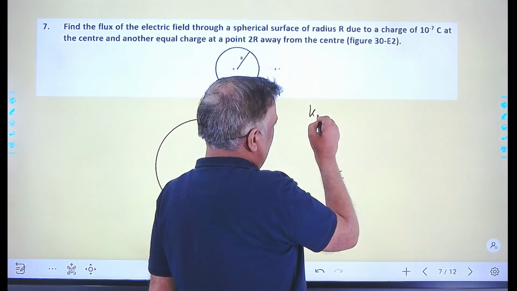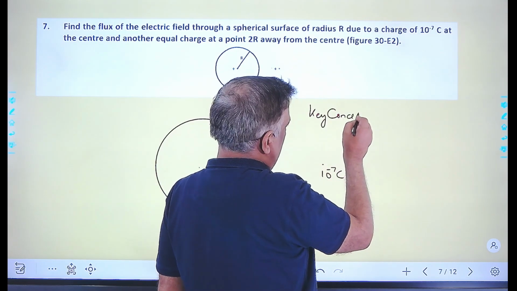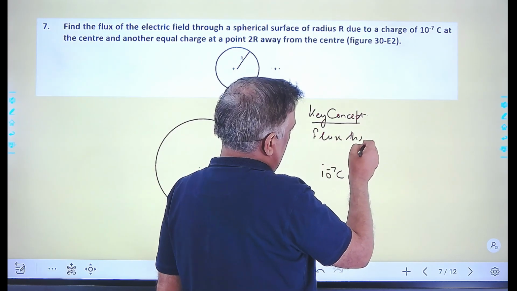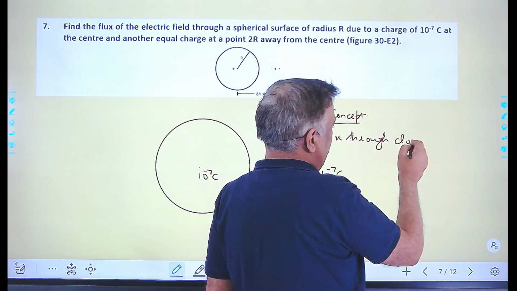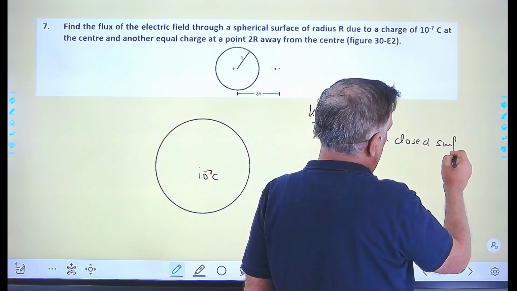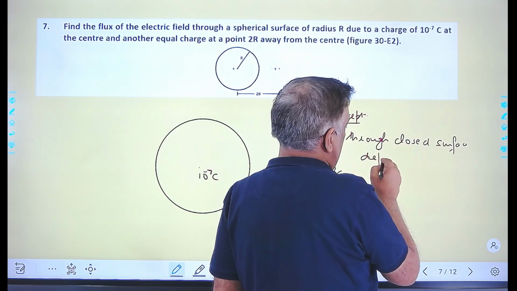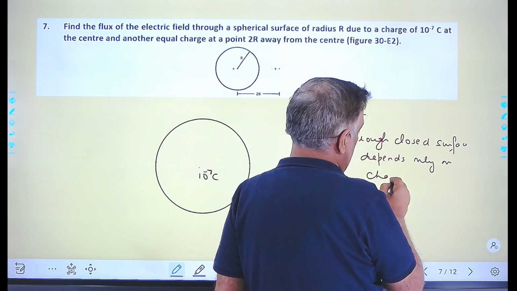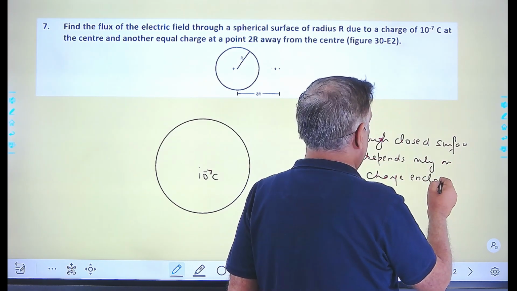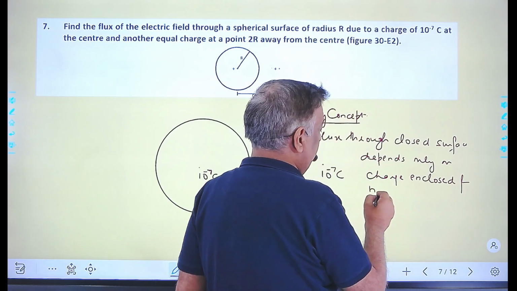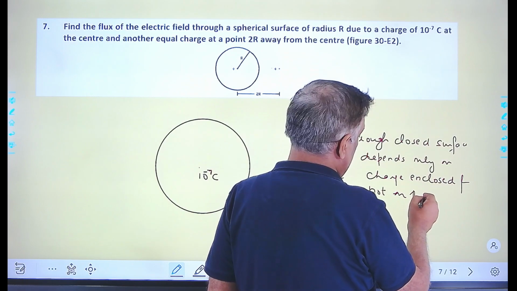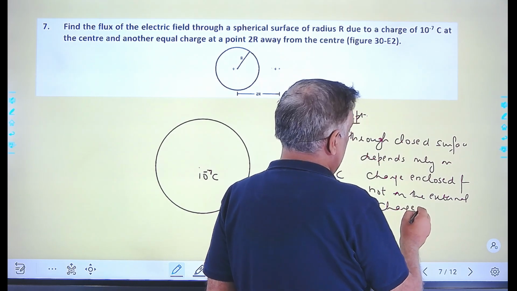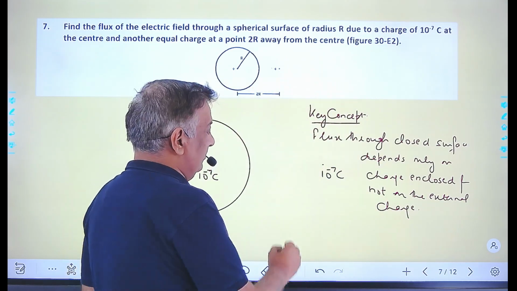Q10 surface. Flux through closed surface depends only on charge enclosed and not on the external charge. तो external charge पे depend नहीं करेगा.